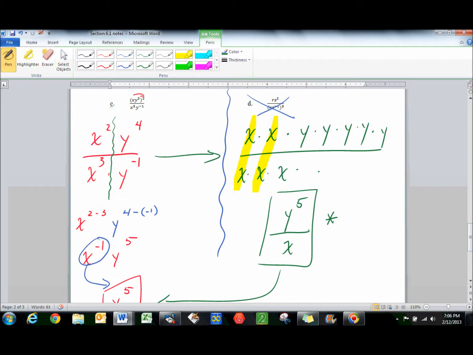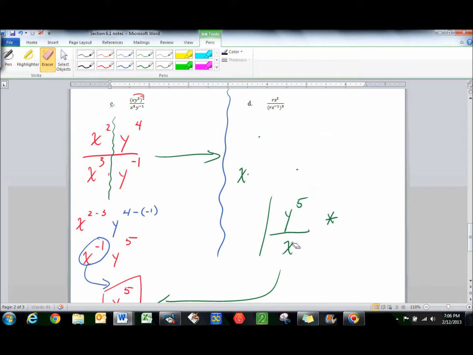So be comfortable with the properties and how to use them appropriately. At this point, I'm just going to erase this second method so that I can work set D.